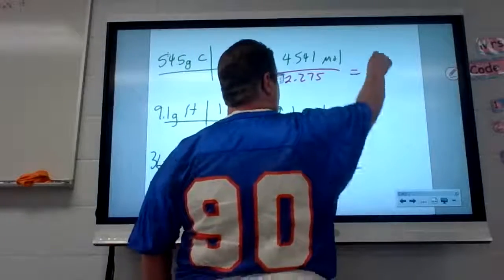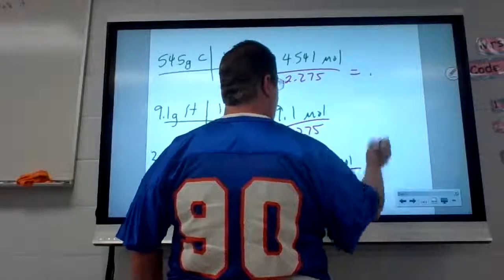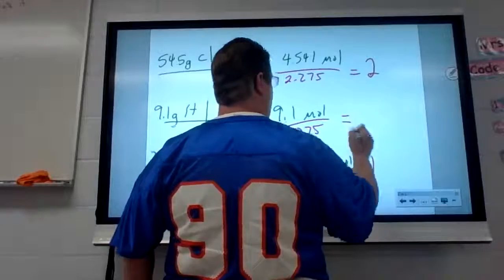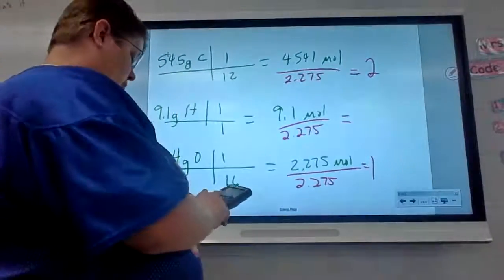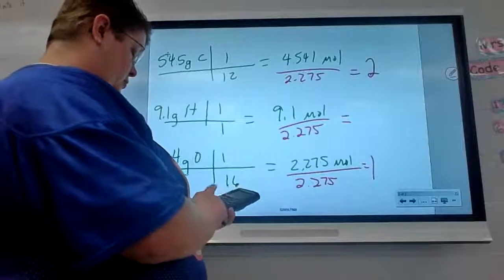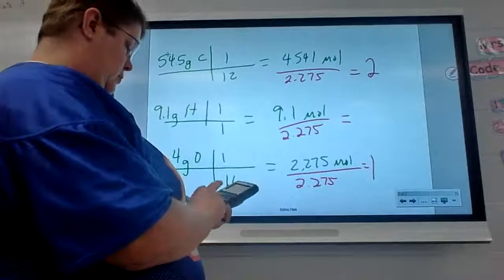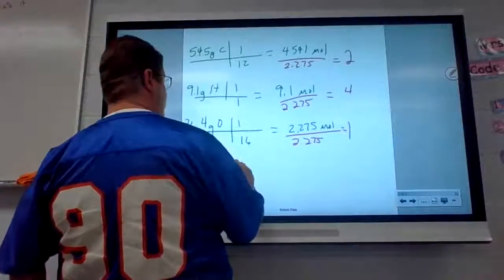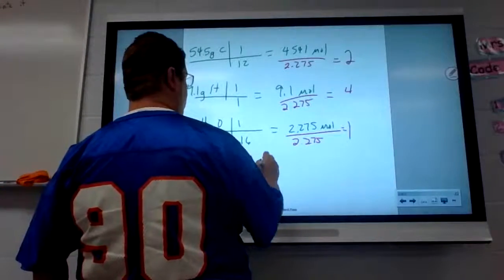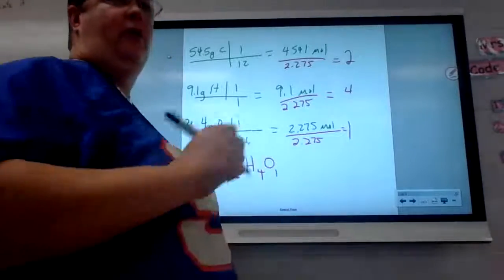That's going to be a 1. That'll be a 1. That's going to be a 2. The question is, what's that going to be? It's going to be a whole number? Yep. All right. So you get C2H4O1.